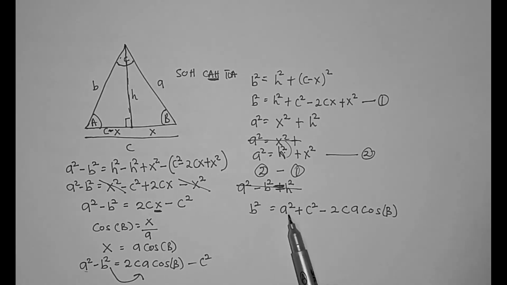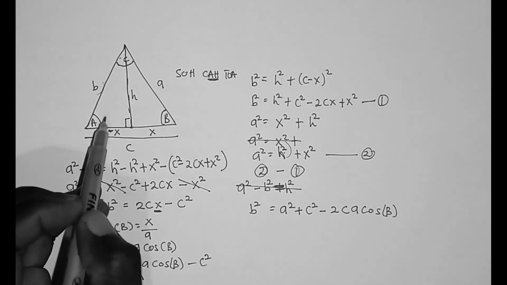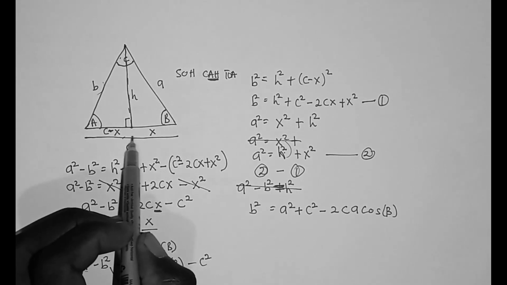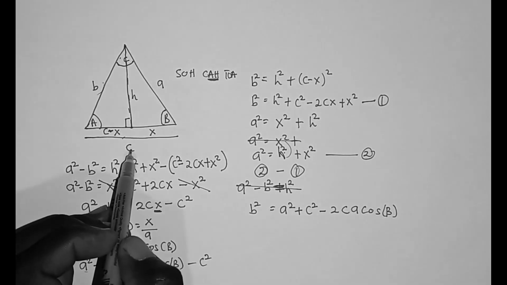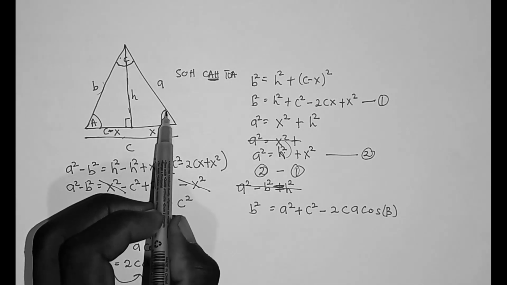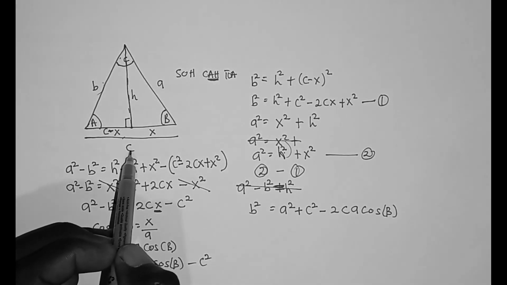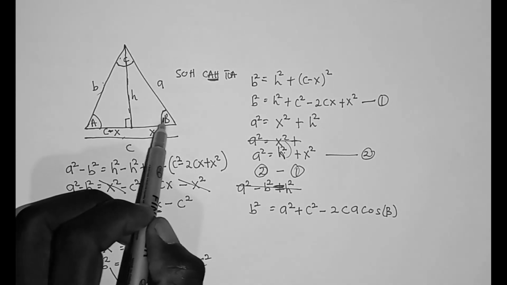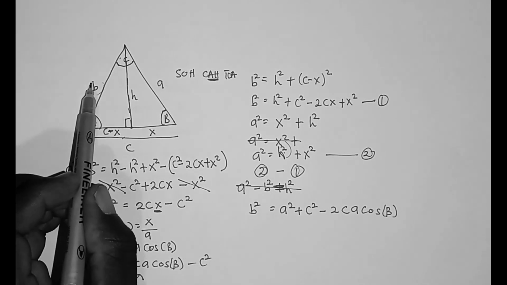What does this mean? b squared is equal to a squared plus c squared minus 2 times c times a, then cos of the angle between a and c. So this B is the angle directly opposite this length B.